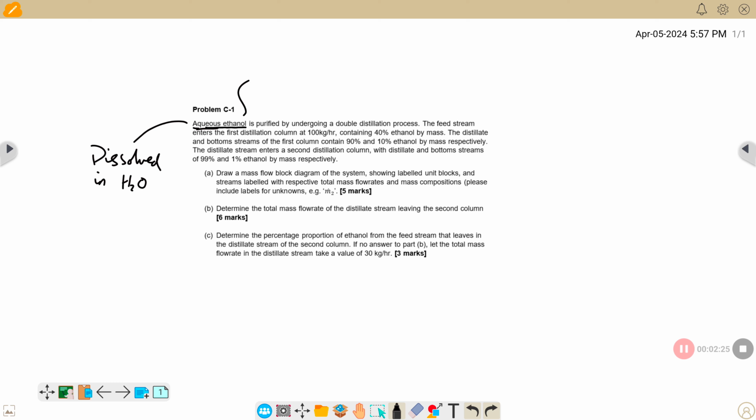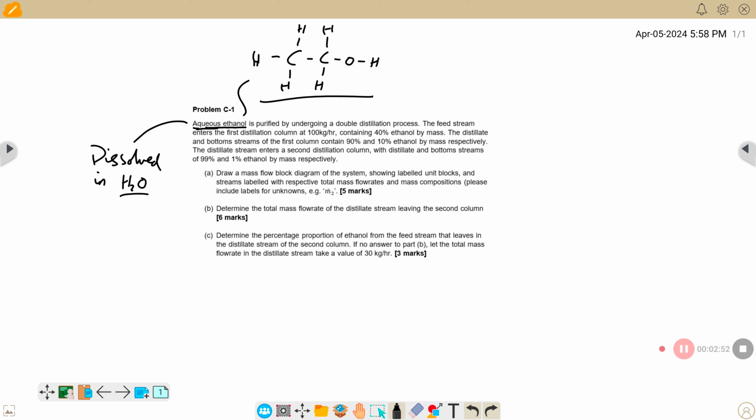I don't know how useful that is, but ethanol kind of looks like this. This is what an ethanol molecule looks like if you've never done chemistry. So it's basically this molecule and this molecule, water, right? Aqueous ethanol, it's just a mixture. You could say it's a mixture of ethanol and water.